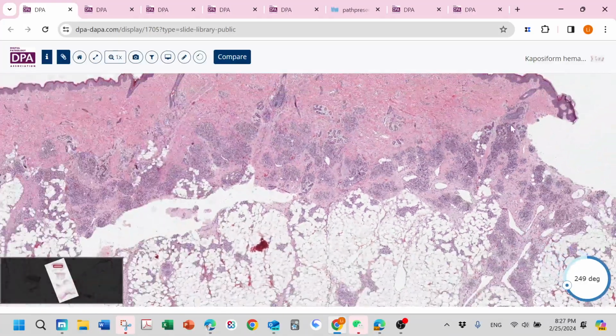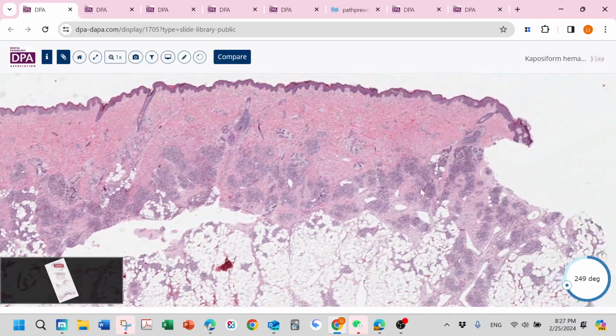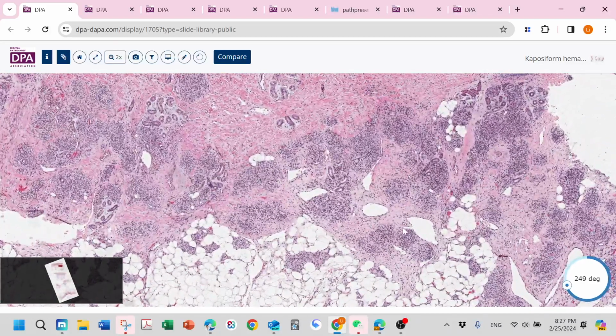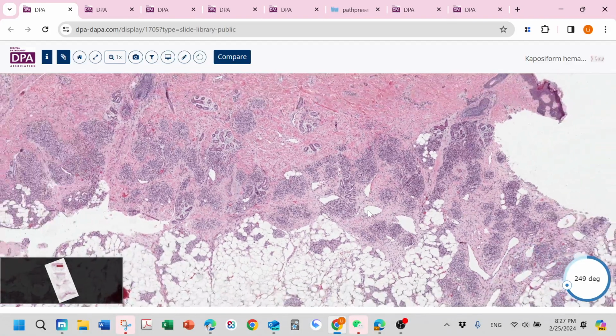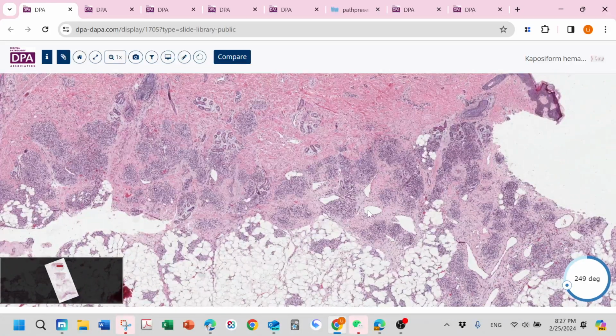So usually in kaposiform hemangioendothelioma, you may see this dilated lymphatic channel, not the blood vessel. That is characteristic for kaposiform hemangioendothelioma.